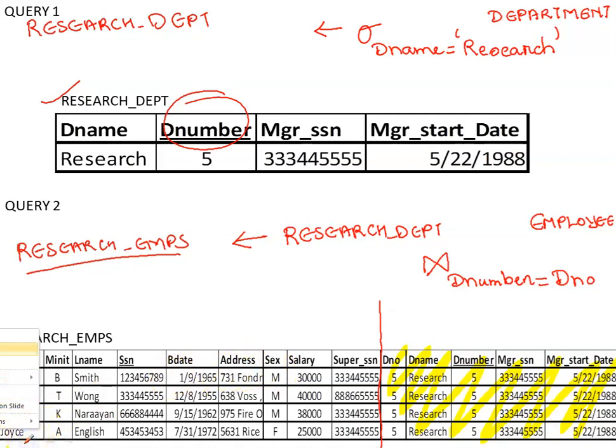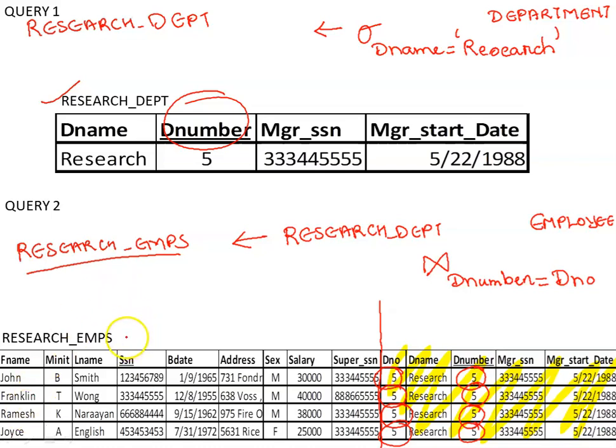There was a match with respect to John B. Smith, department number 5, and D number 5 over here. Again with Franklin T. Wong, there was a match of the department number. Ramesh also, and Joyce also. This table gives you information about all the employees who are working for department number 5, that is the research department.